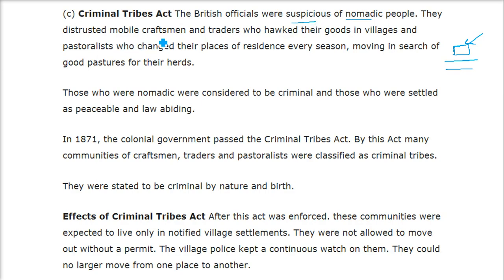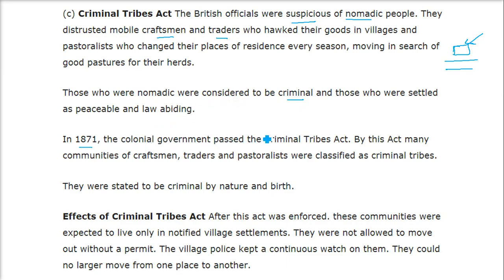They distrusted the mobile craftsmen and traders who hawked their goods in villages, and pastoralists who change their place of residence every season, moving in search of good pastures for their herds. So these nomads were considered criminal, and those who were settled were thought of as peaceful and law-abiding.